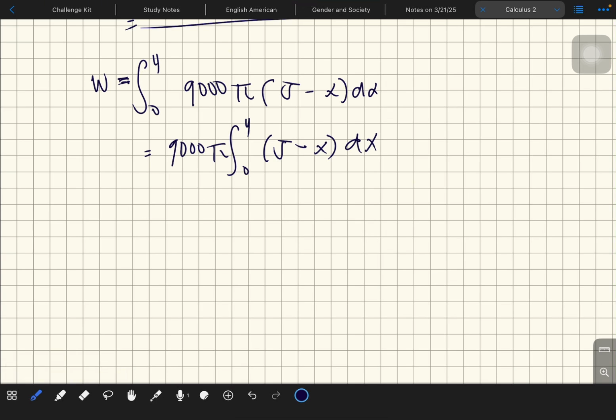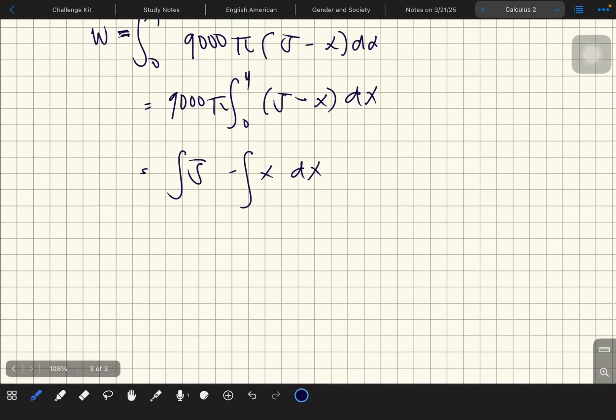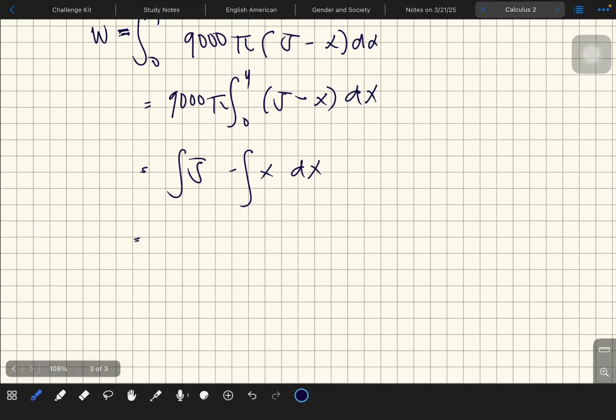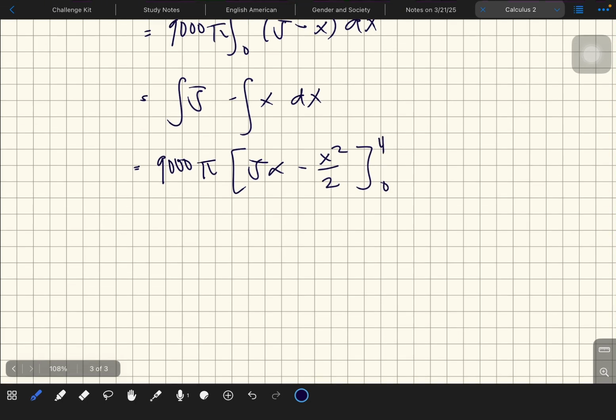So let's integrate first the 5 and the negative x. So it is equal to the integral of 5 minus the integral of x dx. So it is equal to 9,000 pi times (5x minus x squared over 2) from 0 to 4.